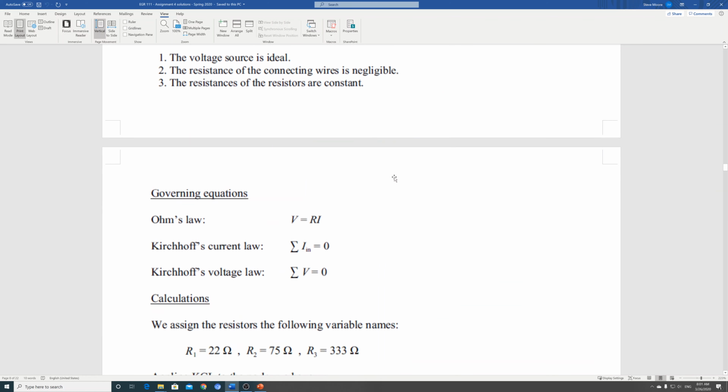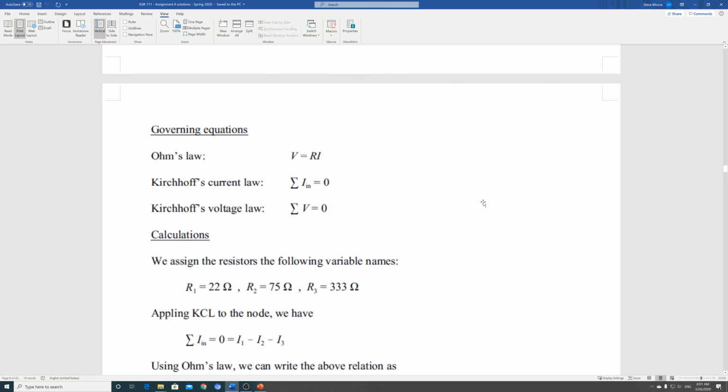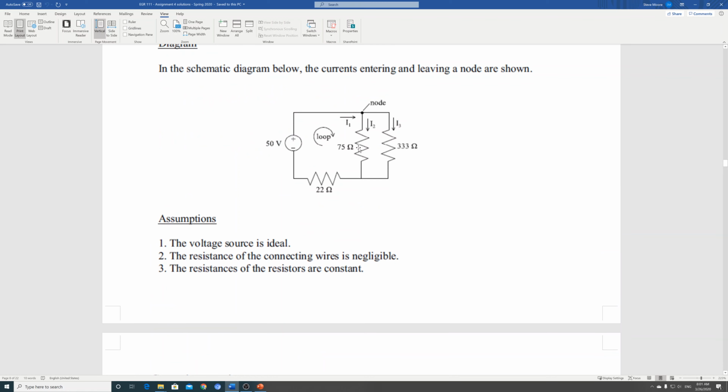So it's just going to be V1 over R1, which is the 22 ohm resistor, V2 over R2, and V3 over R3.